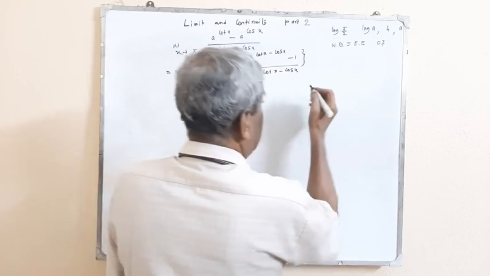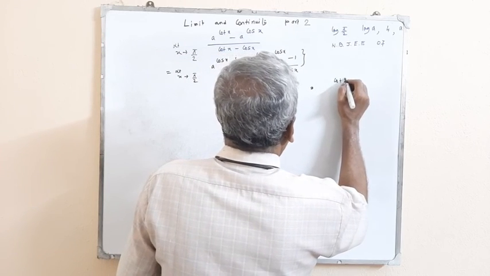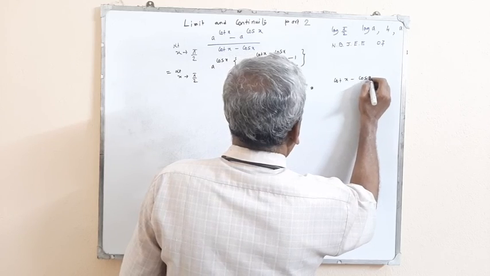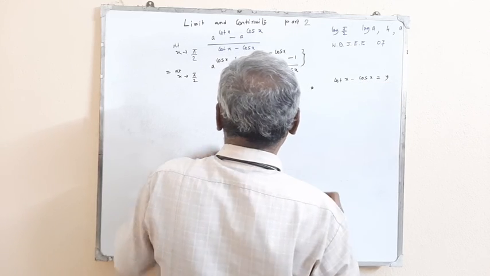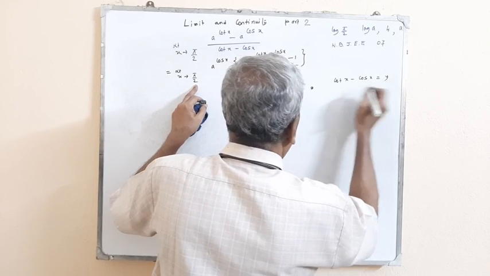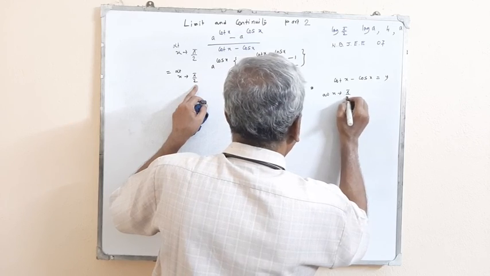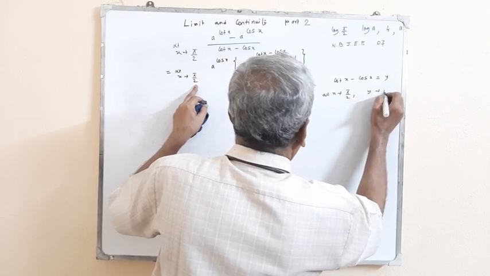Now let us take cot x minus cos x is equal to y. As x tends to pi by 2, cos x is 0, this is 0. So y, as x tends to pi by 2, then y tends to 0.